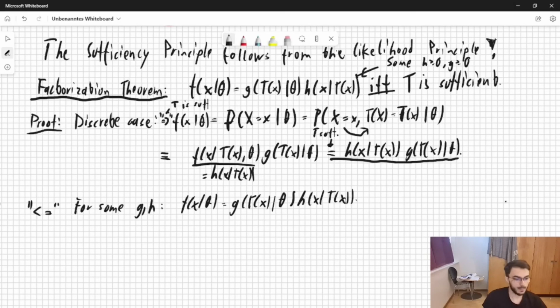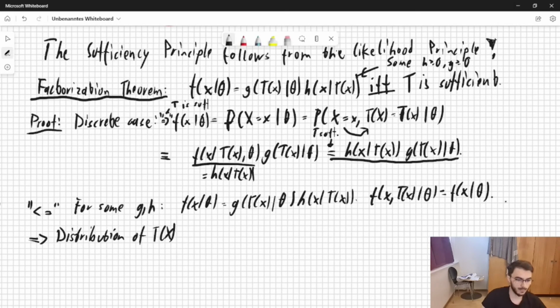Now, it's still the case that the joint f of x and t of x is equal to the marginal of x, for the same reasoning as above. And then the distribution of t given theta, which we want to calculate.